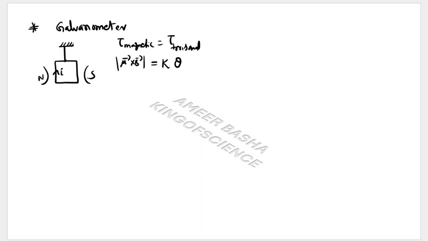The magnetic field is always at an angle of 90 degrees here, that means the magnetic moment is always perpendicular to the magnetic field. The magnetic moment is defined as current I passing through it, area and number of turns, into B, equal to K multiplied by theta. So clearly the angle turned, theta, is equal to A N B divided by K into I.